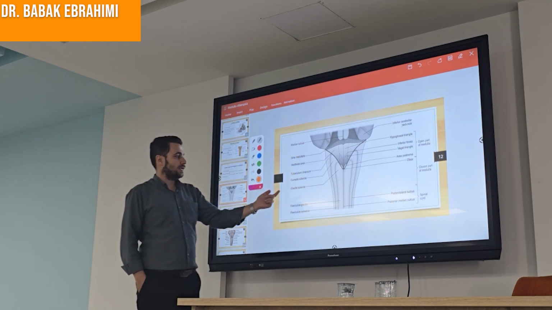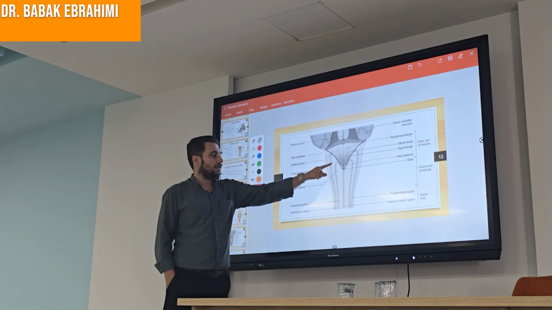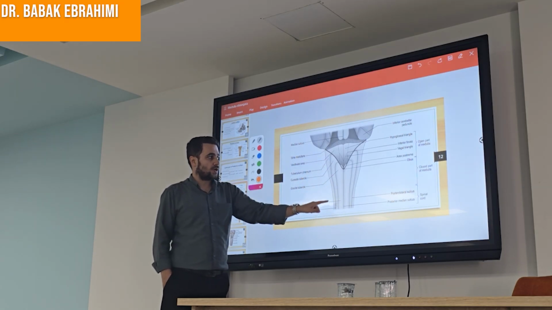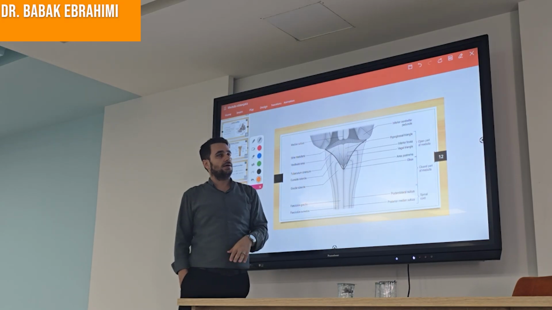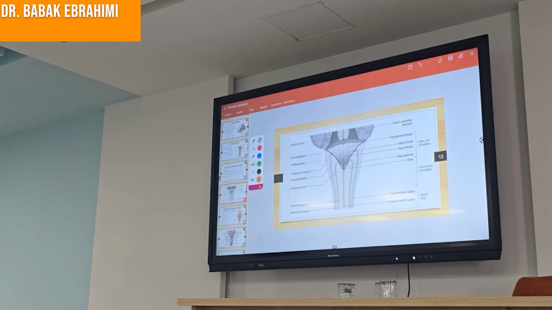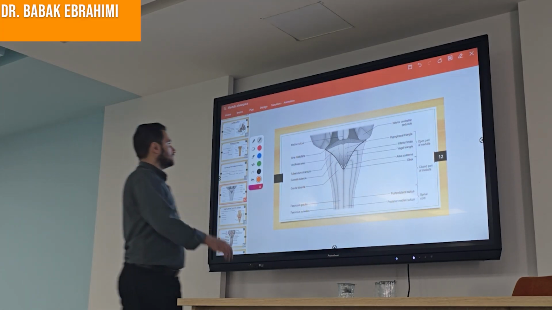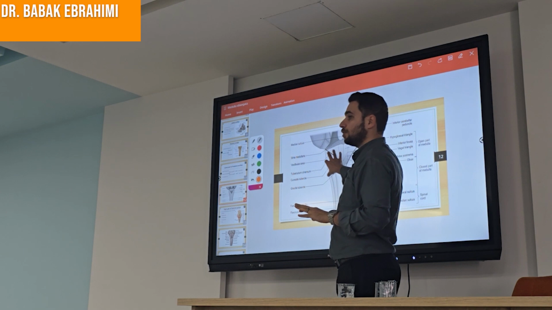Another picture, again: gracile tubercle, cuneate tubercle, posterior median, posterior intermediate, posterolateral, it's the same. And is this part the posterior view or the anterior view? Posterior. Why? That's true. If you see this part is open, you can easily understand that this is the posterior view.